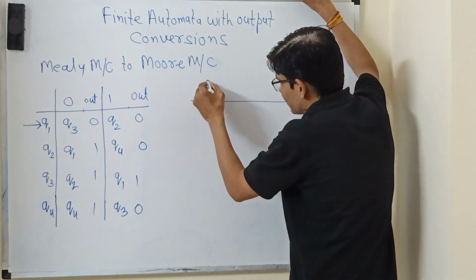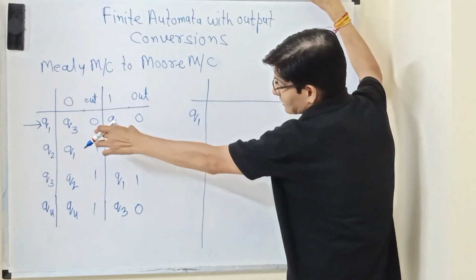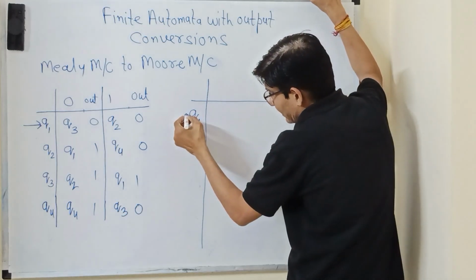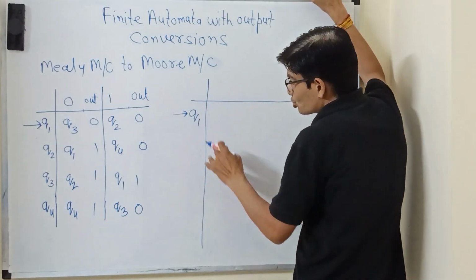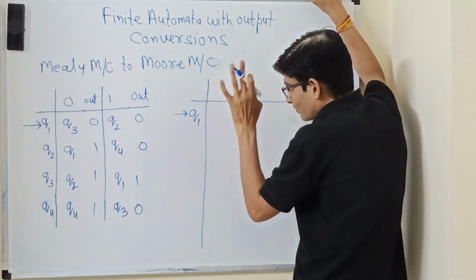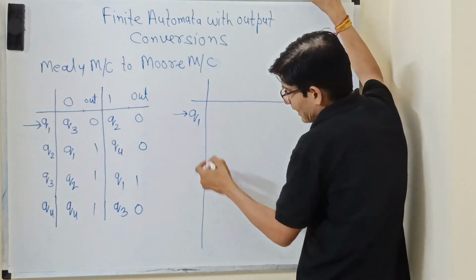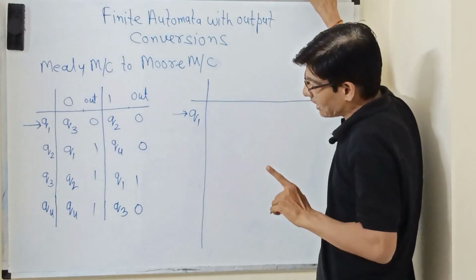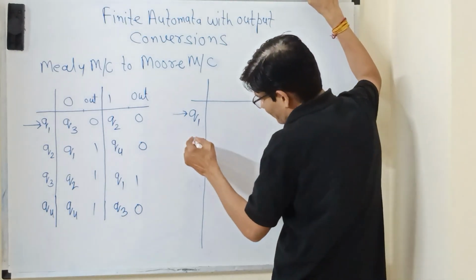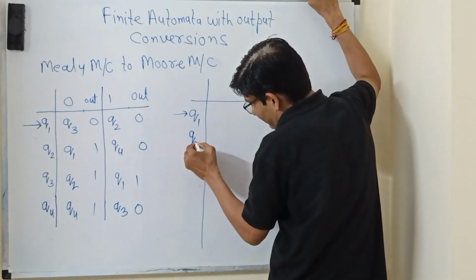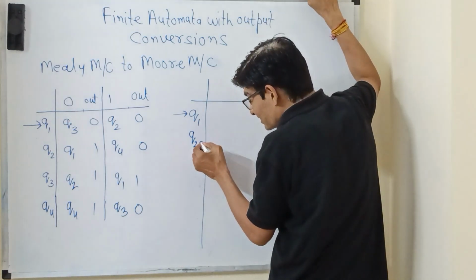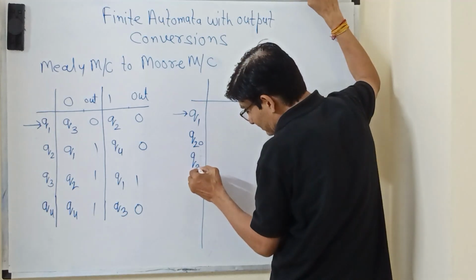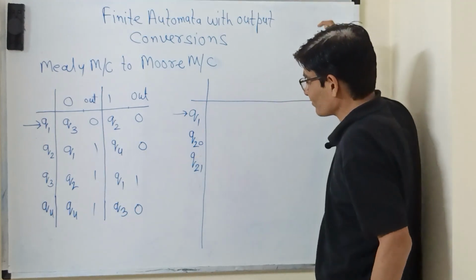As we have seen here, Q1 was having only one output symbol associated, and it was the initial state. So I can have only one Q1, and as Q2 has two different output symbols, I can divide Q2 like this: Q2 with 0 as output and Q2 with 1 as output.